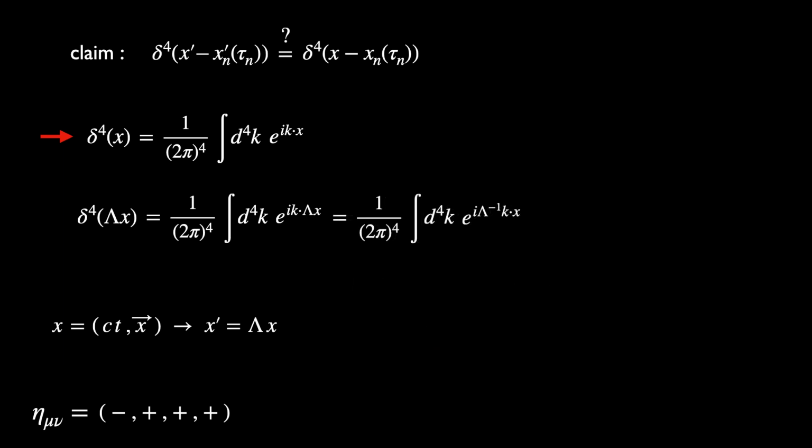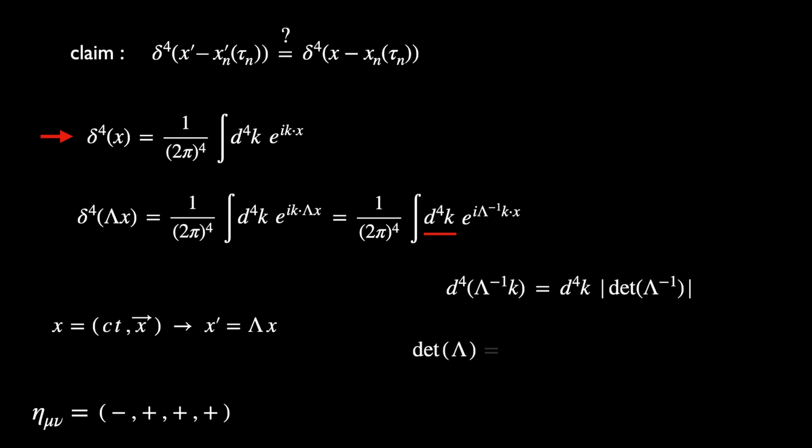Now we use the fact that the integration measure, d4k, is Lorentz invariant. It is easy to see this by calculating d4 of lambda inverse k. It is related to the original measure d4k by this Jacobian, which is the absolute value of the determinant of the matrix lambda inverse.